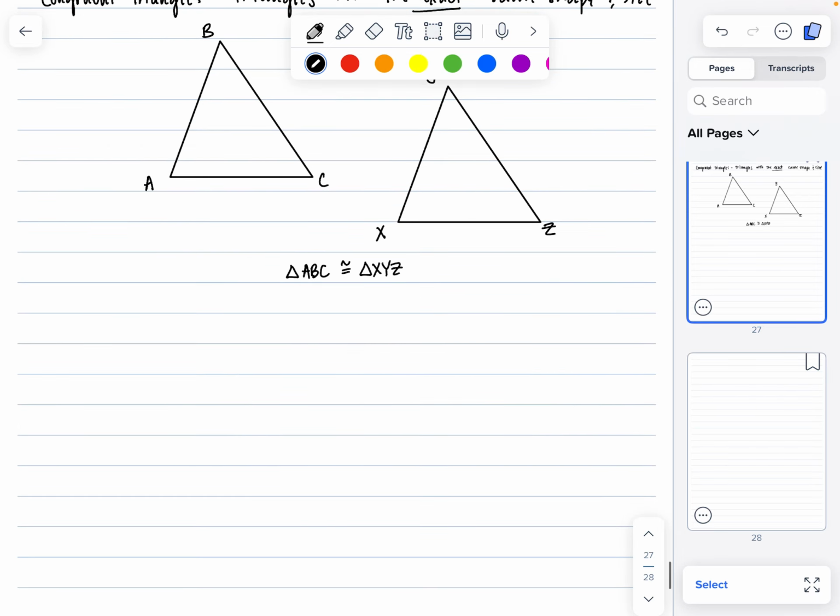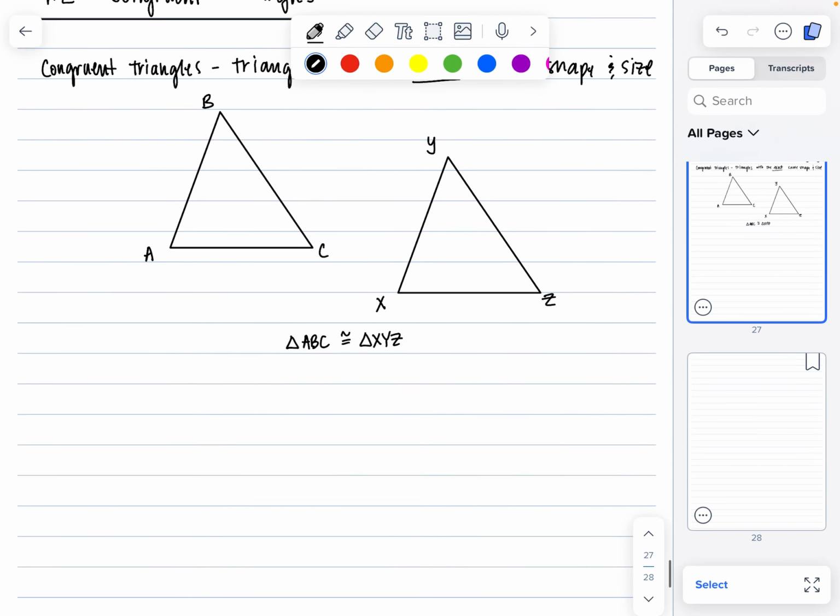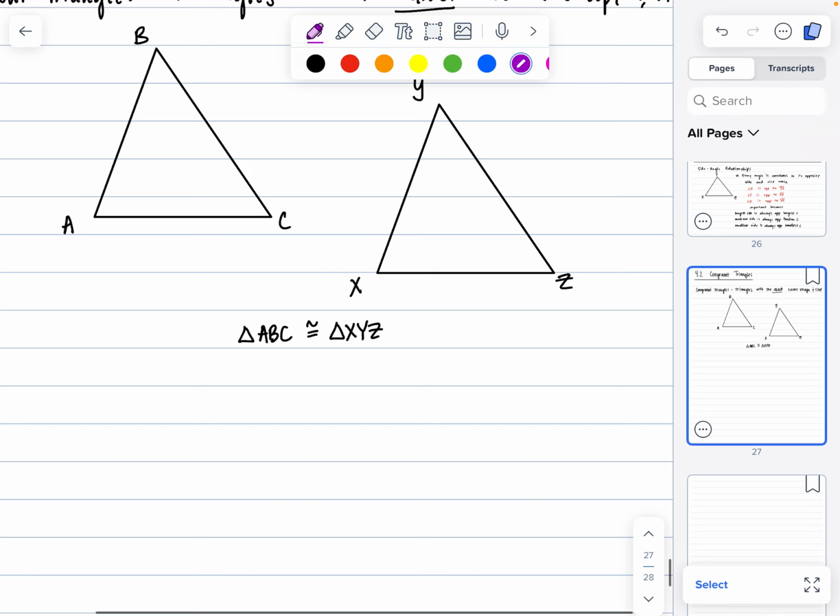Okay, so what this means is this. This is the kicker. Every triangle that's congruent has corresponding parts, meaning corresponding parts are congruent. Okay. So here's how I want you to understand this. We have corresponding parts.